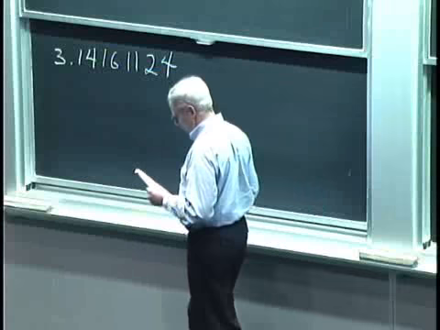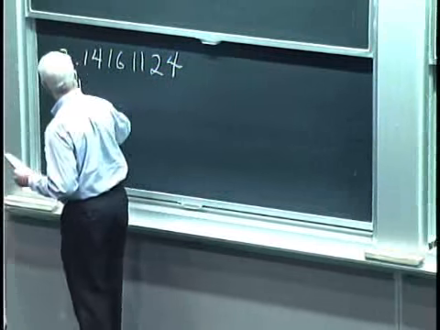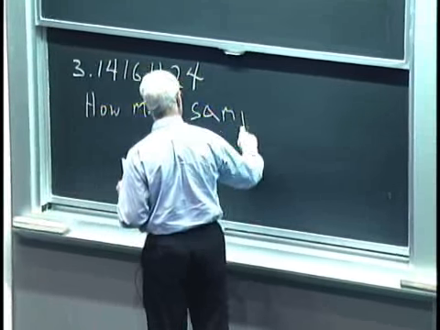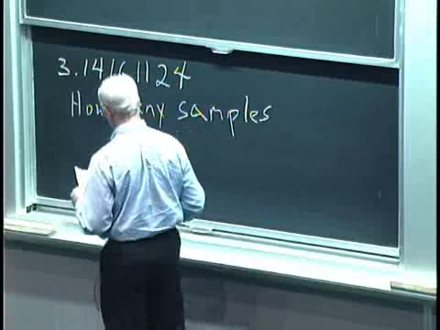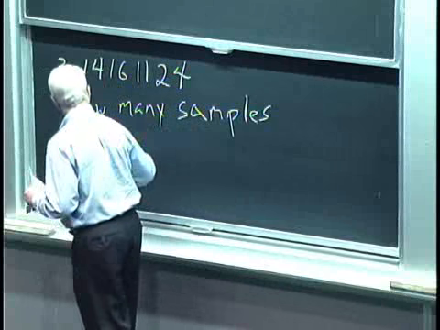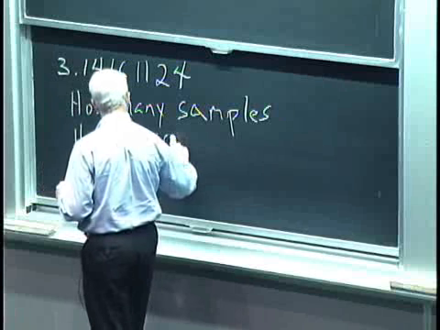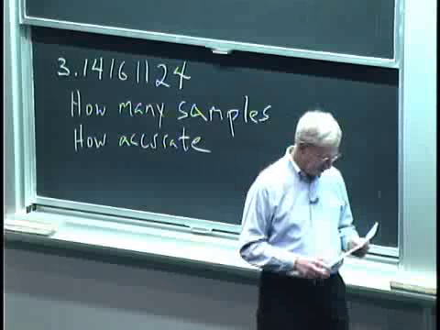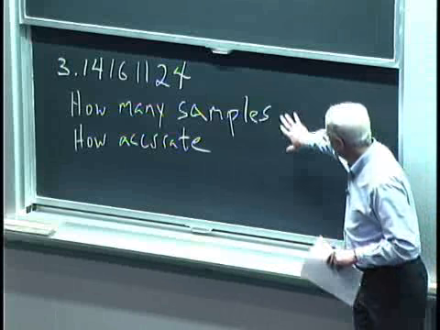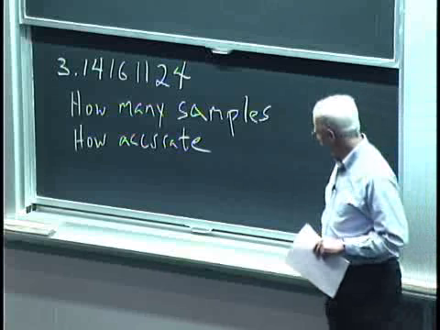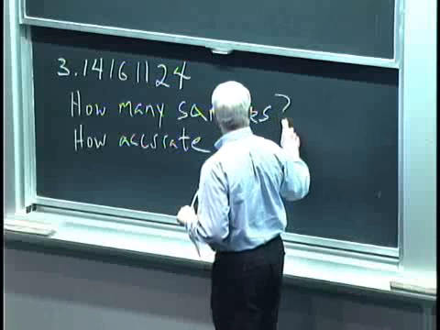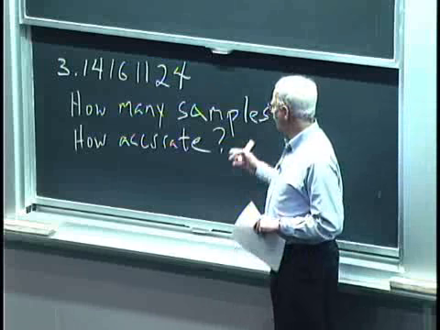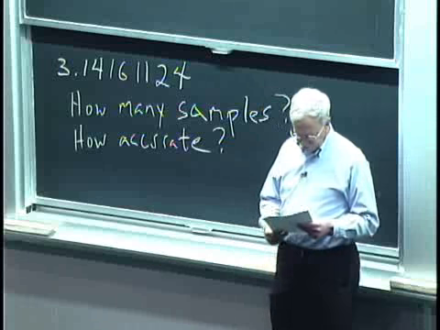We still have to think about the question of how many samples, and also how accurate we believe our result is given the number of samples. As you might guess, these two questions are closely related. If we know in advance how much accuracy we want, we can sometimes use that to calculate how many samples we need.